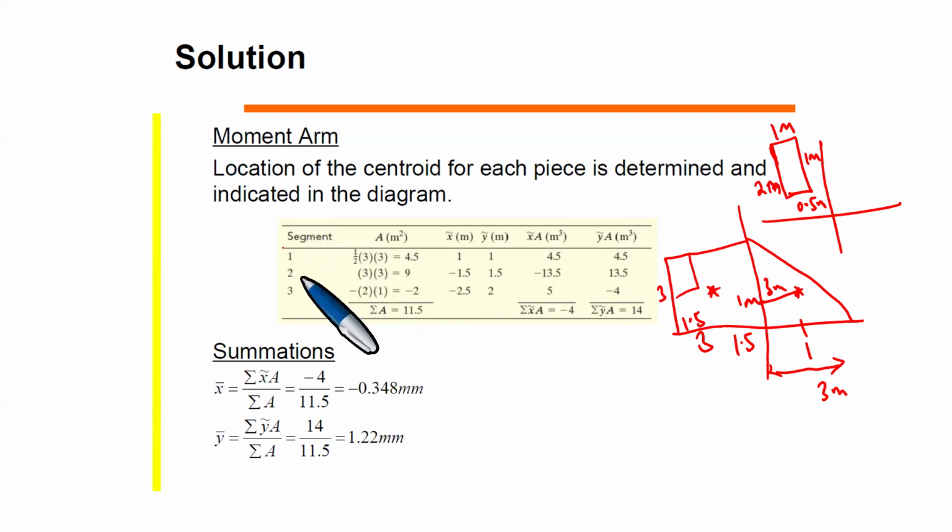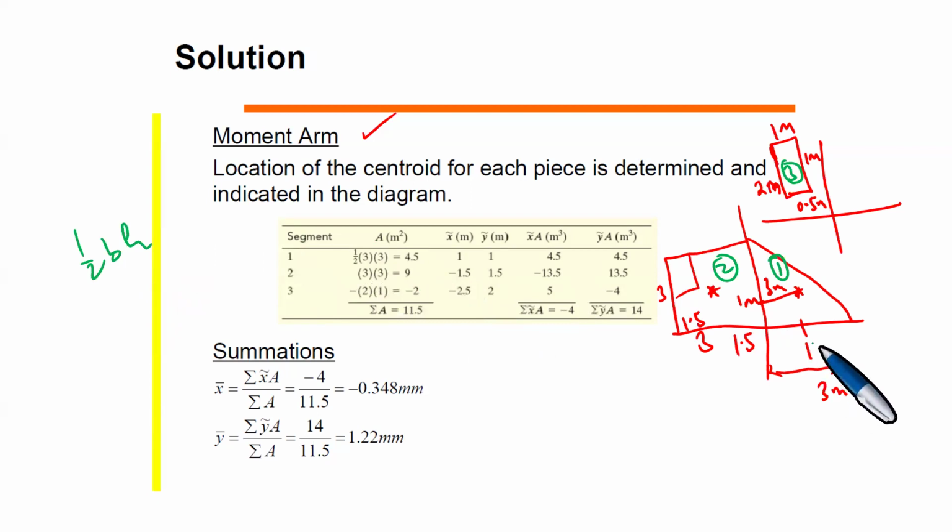Let's look at the segments here and the analysis of the moment arms. The location of the centroid for each piece is determined and indicated in the diagram. We would remember the segments themselves: segment 1, segment 2, segment 3. Let's look at segment 1. Segment 1 is this triangle, and the area of a triangle is half base by height.